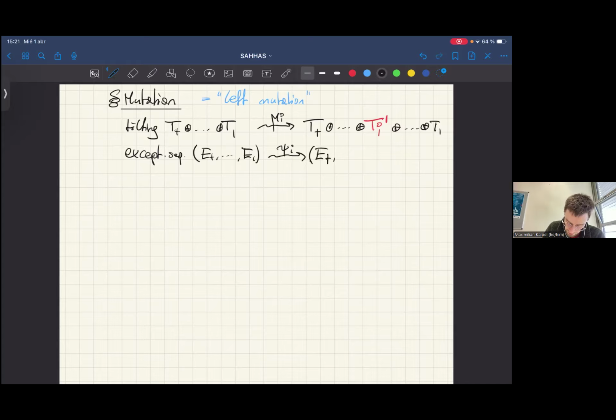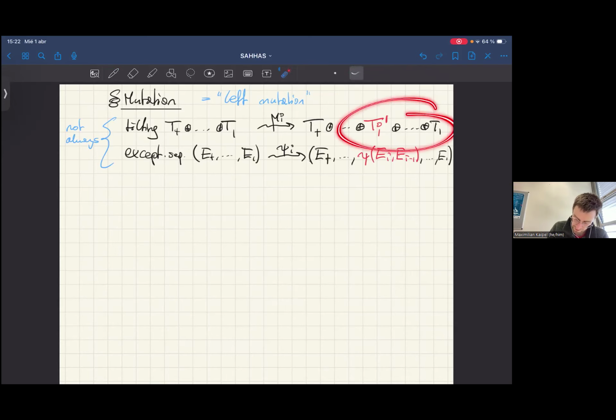It will be an operation on the pair E_i minus 1, E_i, and leave everything else unchanged. Importantly, these two things are not always possible. As I said at the start, such a tilting module might not exist, and this thing here might be an object in the derived category and not a proper module.